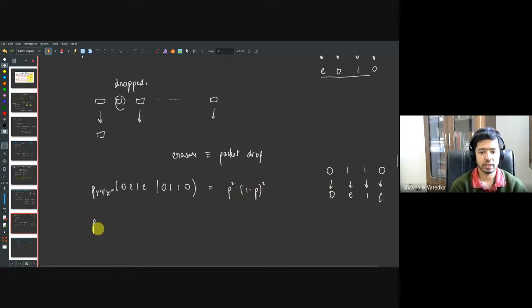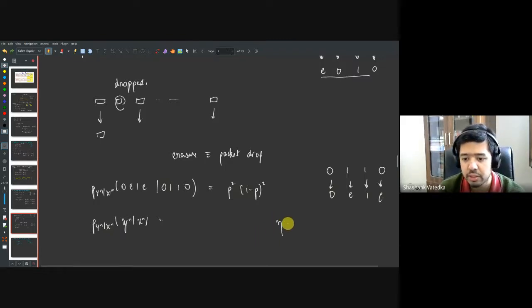Okay, so for general x^n, y^n, what do you think it will be? Assume that between x^n and y^n, let me say eta of (y^n, x^n) is the number of erasures.